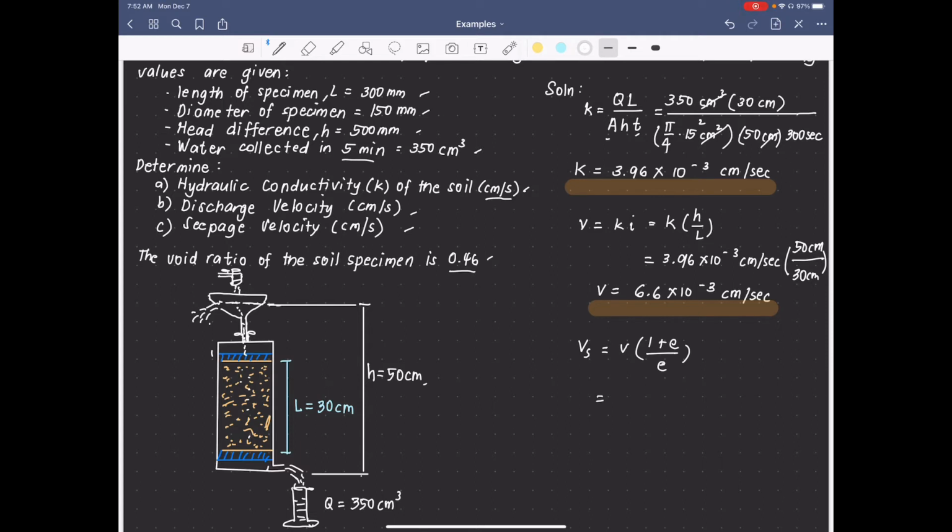So from here, we can solve for the seepage velocity, which is equivalent to 6.6 times 10 raised to negative 3 multiplied by 1 plus a void ratio of 0.46, all over 0.46. So the seepage velocity is equivalent to 20.95 times 10 to the negative 3 centimeter per seconds. Okay, so that's how we calculate the permeability or hydraulic conductivity of a fine sand.